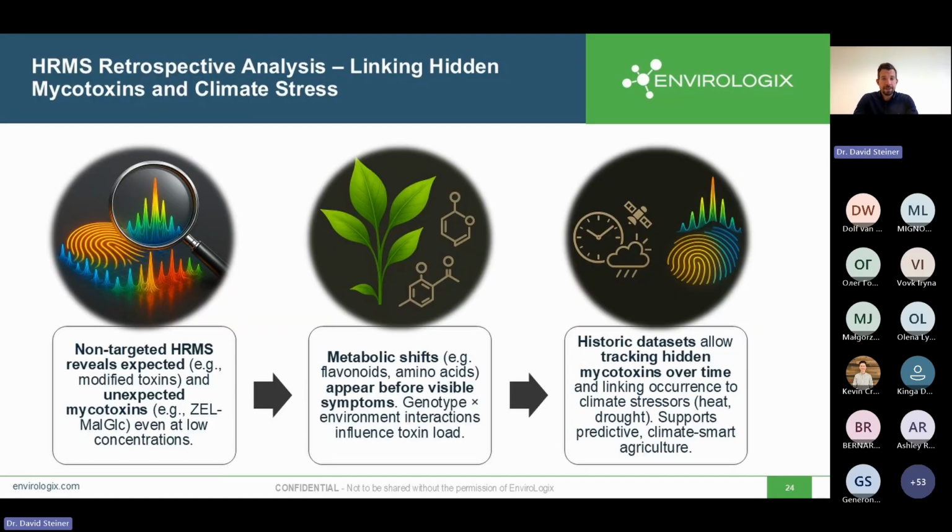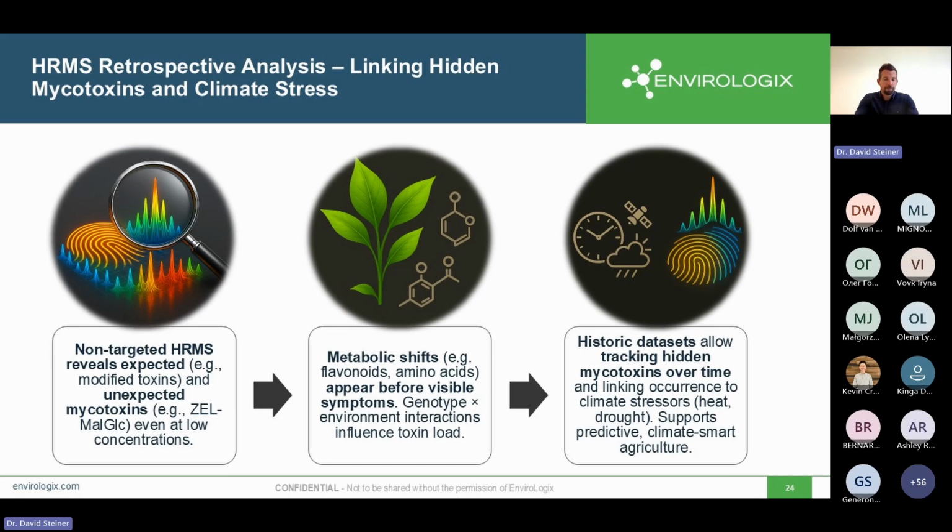And last but not least, high resolution mass spectrometry also offers another, I would say, unique advantage, namely the retrospective analysis. So when the data are collected in the so-called full scan mode, it allows us to revisit past data sets to find new or previously undetected mycotoxins. With that information, we can link, for example, heat waves or droughts to shifts in hidden toxins and plant defense metabolites, revealing the environmental conditions that can trigger high-risk metabolic states.